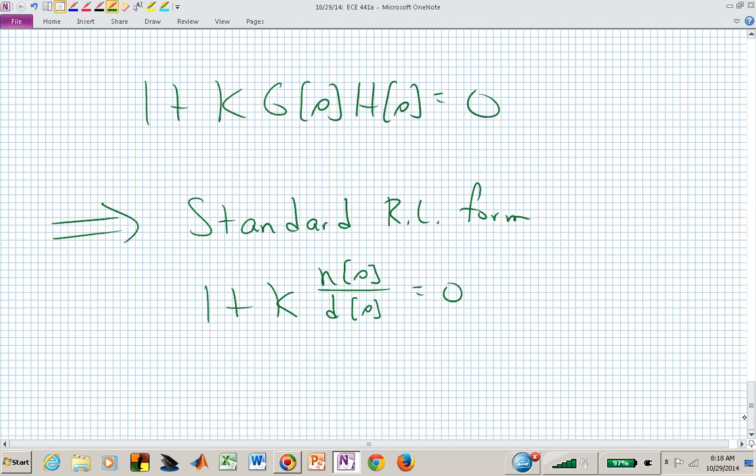And we will call this piece the open loop piece.